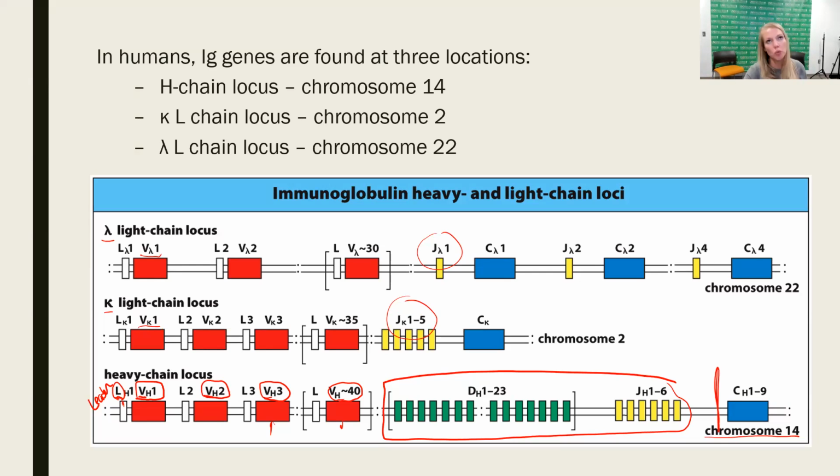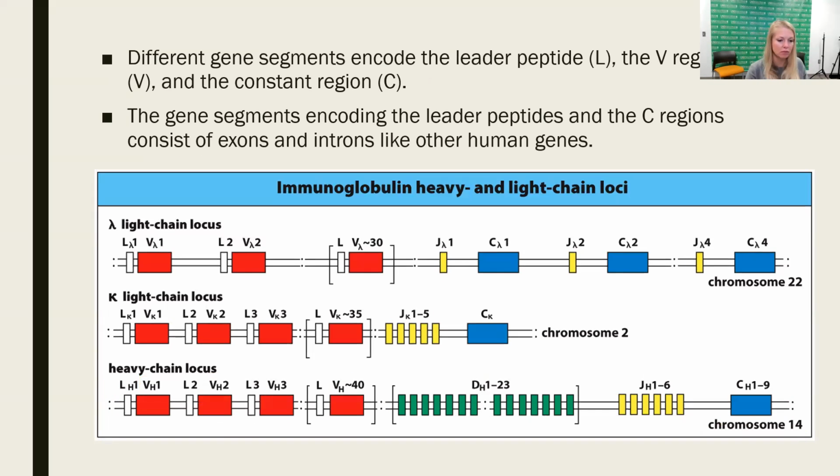Okay, so let's look at this before I make it even more confusing than I already did. Okay, so had I put this up here, we would have seen that leader piece. So the different gene segments are going to be flanked by the leader peptide, and then those variable regions and constant regions of all of the 3 different chains.